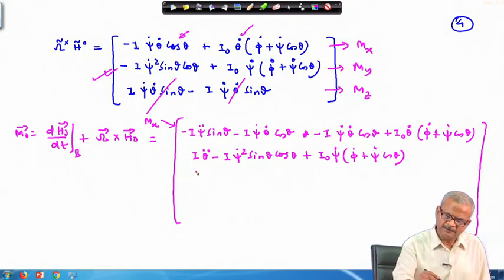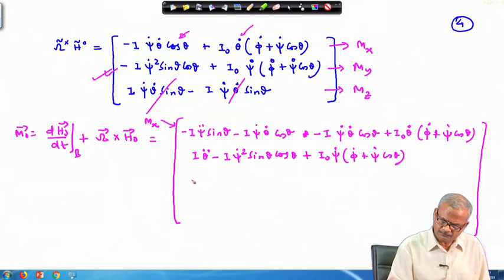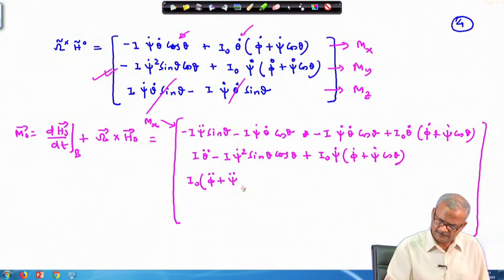Okay. And the third term, this is I 0 times this quantity. So, the third term is I 0 times the first term differentiated, phi double dot, thereafter psi dot, and then cos theta was there. So, cos theta, and then with a minus sign we have psi dot theta dot sin theta appearing here.